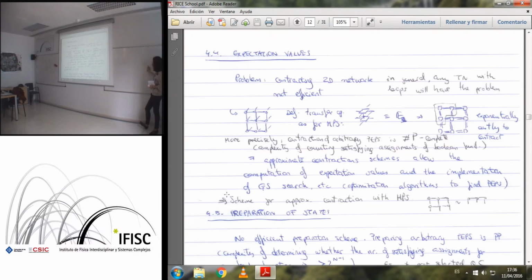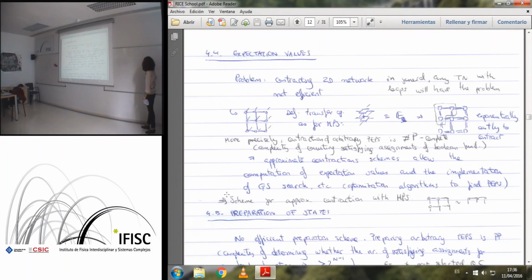So why can't we do here the same trick that we did for the matrix product state? The goal is to contract this thing together. This is a scalar, with no open indices. How do we end up finding the scalar? You can start contracting things. You can take this one, which has d squared times d squared, and then you contract it with this one, and it turns out that it has d squared times d squared times d squared, and so on.